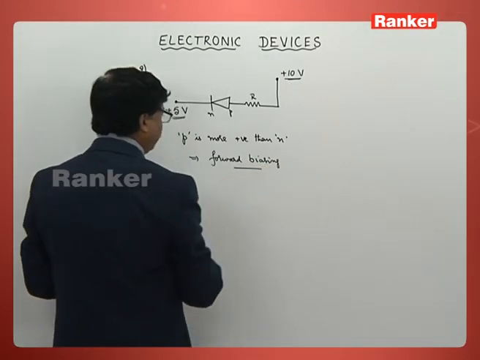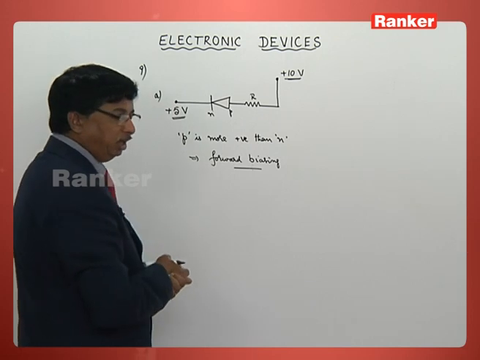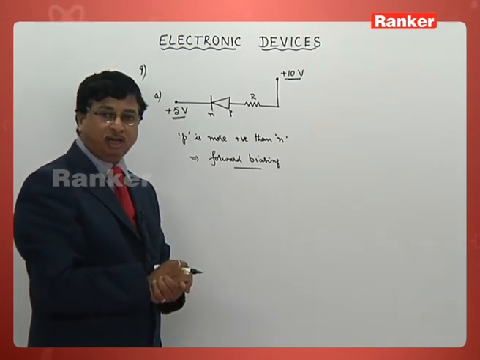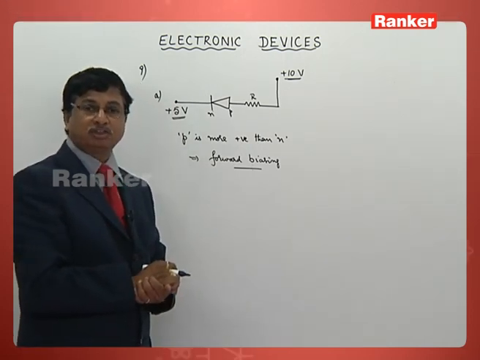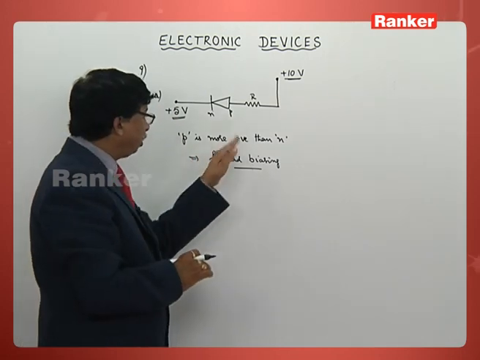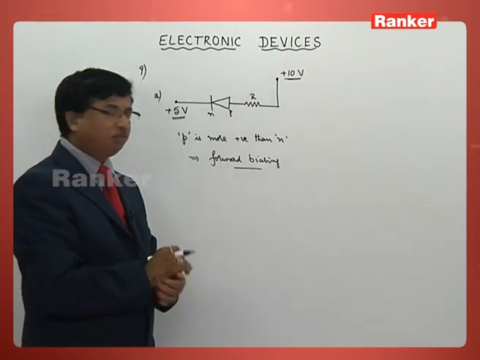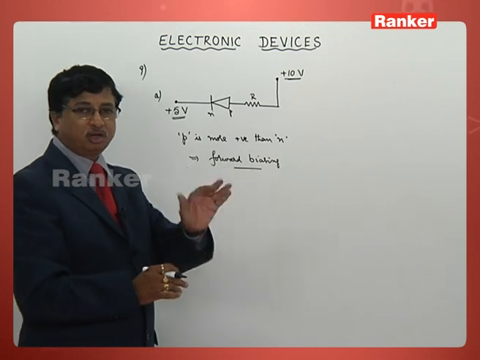In forward biasing, P will definitely be at greater positive value than N in terms of potential. P is more positive than N. So first option is not the correct option for us.